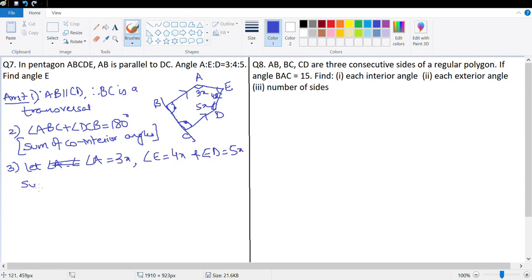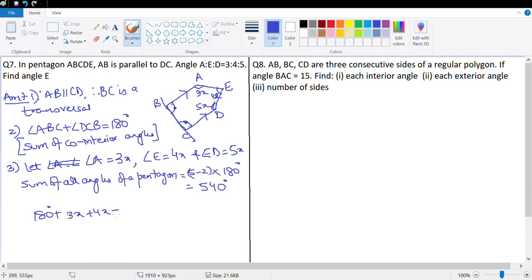So sum of all angles of a pentagon would be, we've already done this enough number of times, is 540 degree, but it is 5 minus 2 into 180 degree, which is 3 into 180, which is 540 degree. So now B and C equal 180. So what we have is 180 degree plus the remaining three are 3x, 4x plus 5x.